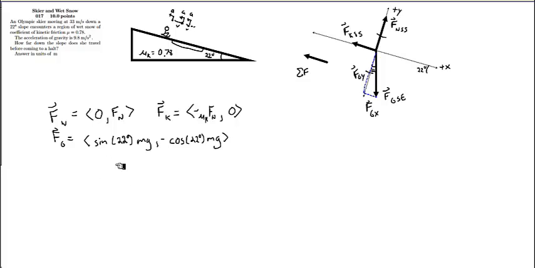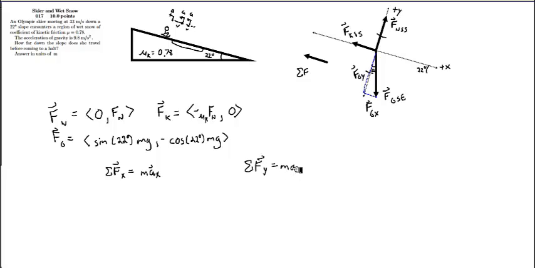Okay, so now we can generate two equations. This is really the same process for every single problem. That's the equation in the x, that's the equation in the y.